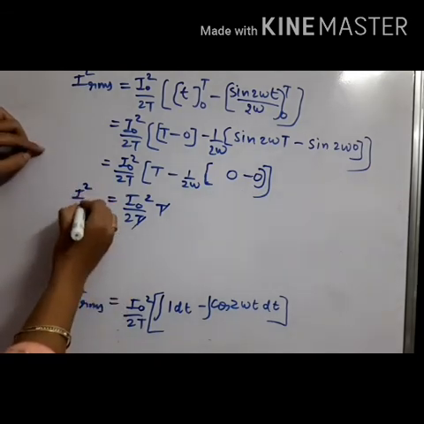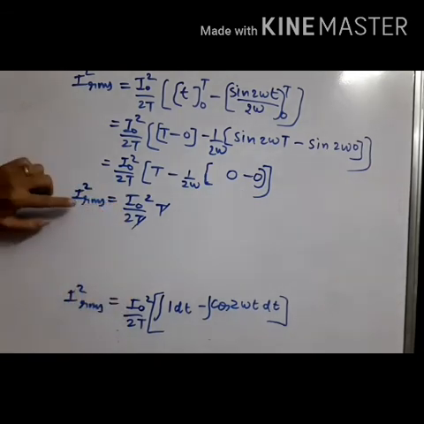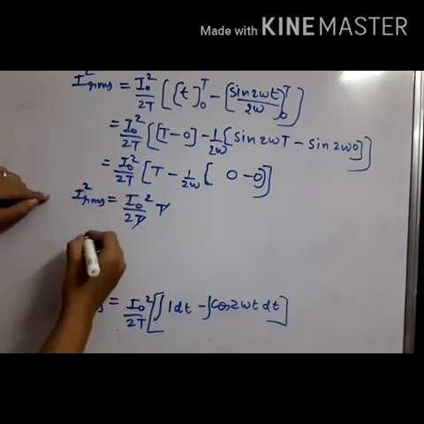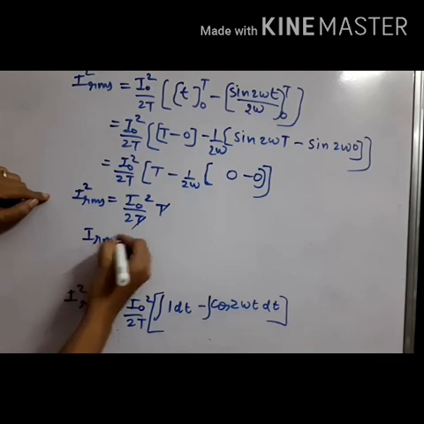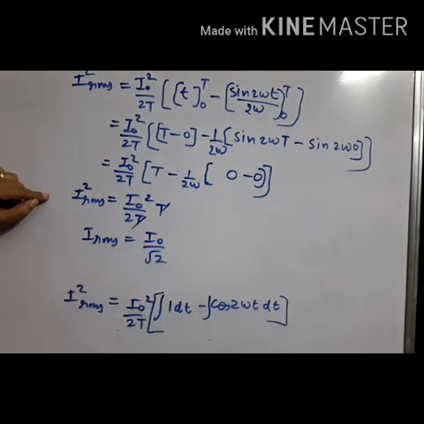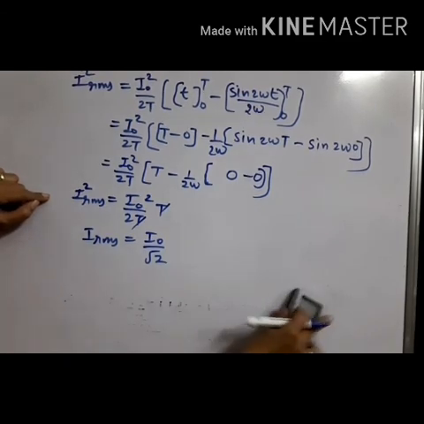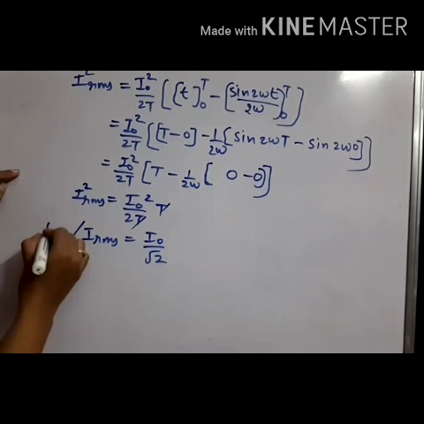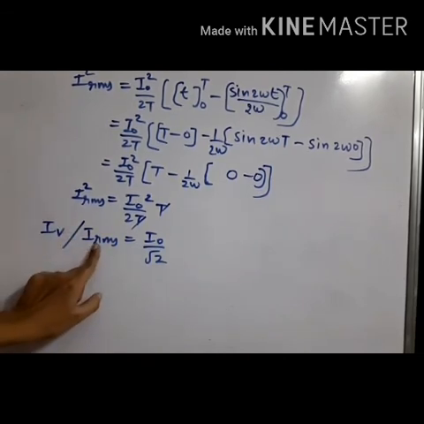So we have got I square RMS as I0 square by 2. Thus our IRMS will become how much? I0 by root 2. This is our last answer. Okay, so this is also called the virtual value, or the RMS value of alternating current.